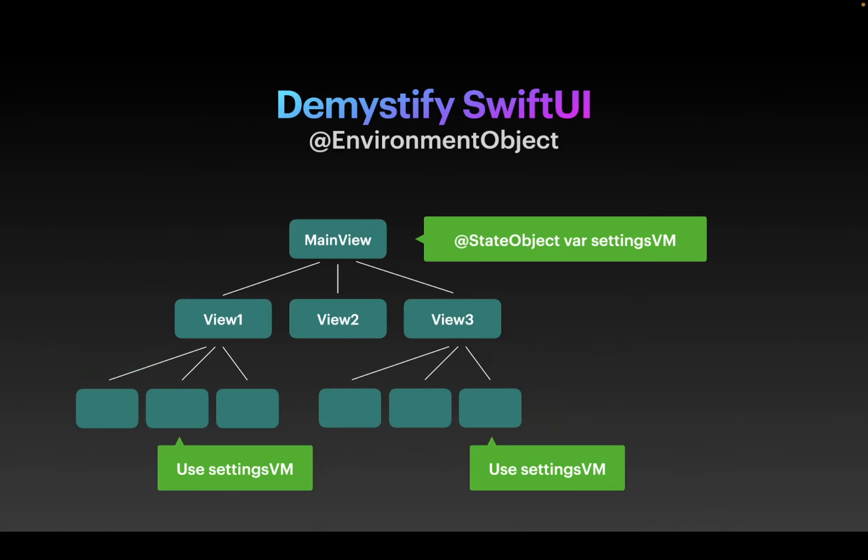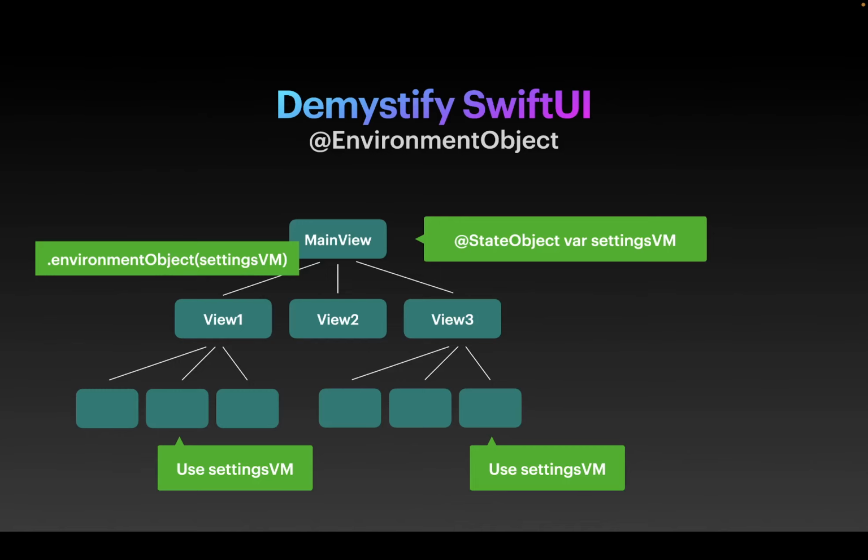So how are we supposed to fix that with the environment object? You can call one view modifier named .environmentObject, and pass in the object you want to share across all the subviews in this tree. For example, if I call .environmentObject on the main view, passing the settings view model, right now all the subviews already have the data in their context.